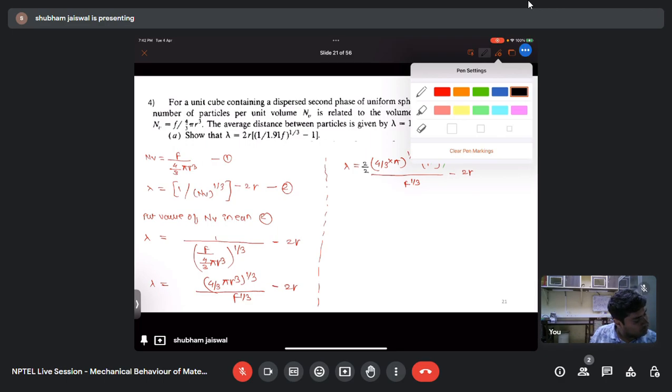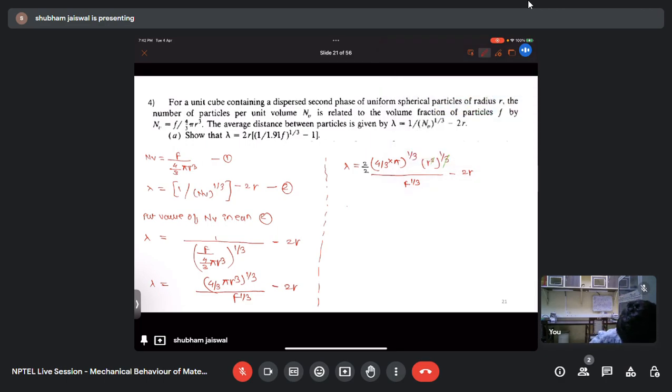That is, lambda is equal to 2r into 4 by 3 into pi to the power 1 by 3 by 2, into 1 upon f to the power 1 by 3 minus 1.